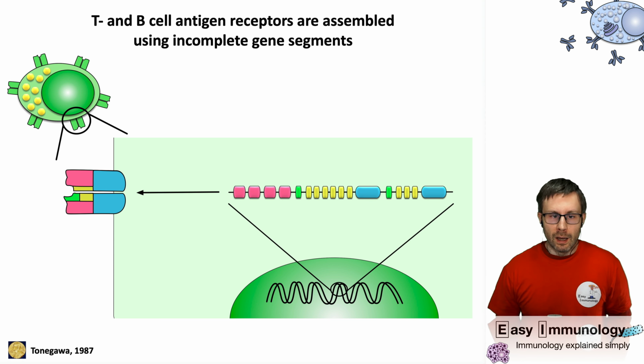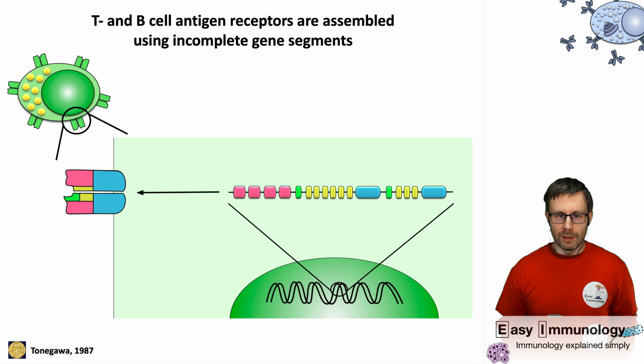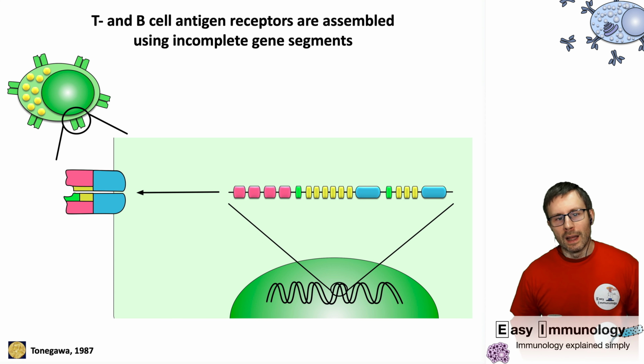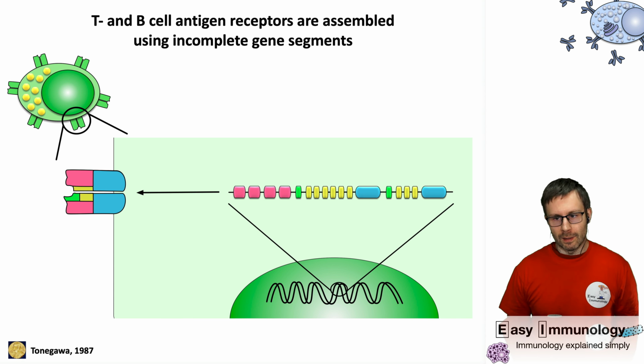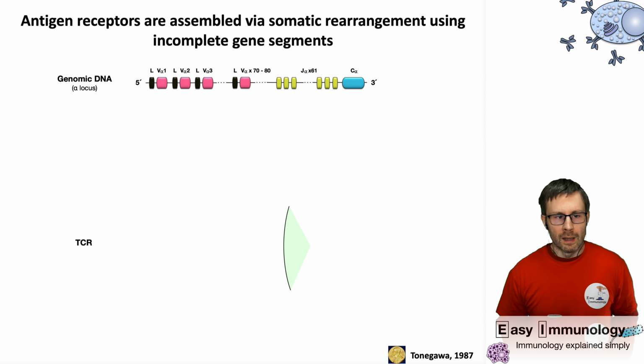There's a set of segments in the genome of the T cell, and these are like Lego bricks that can be built together to form the T cell receptors. There are pink ones and green ones and yellow ones, and the cell picks one of these segments and puts them together in different combinations, and that's how these different receptors are made.